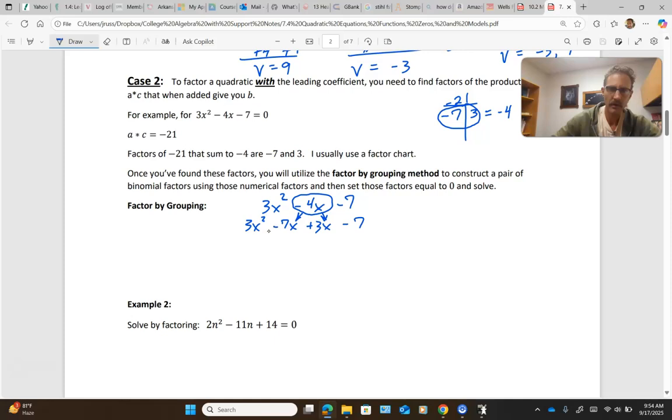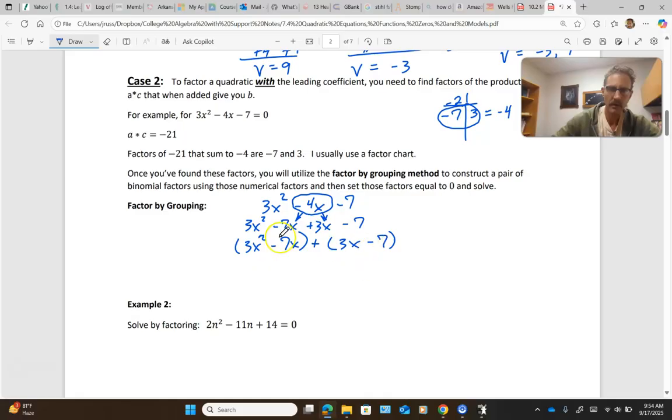Okay, so for example, we group up the first 2 terms. You put them in parentheses. You're always going to put a plus sign between your 2 pairs. And you group up your last 2 terms, keeping them in parentheses.